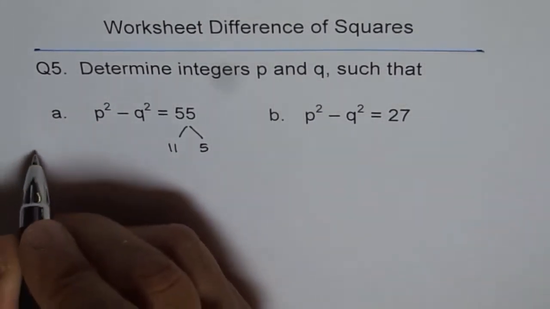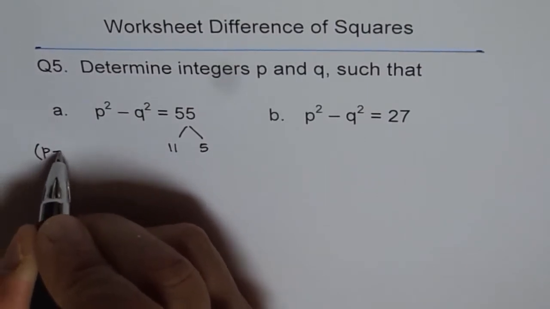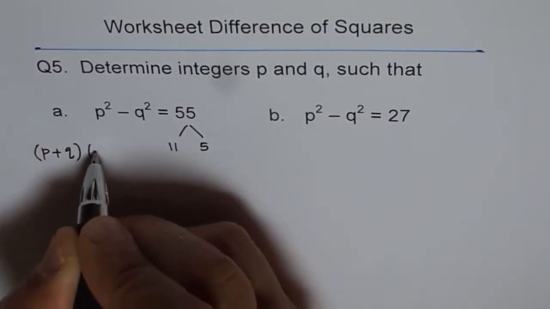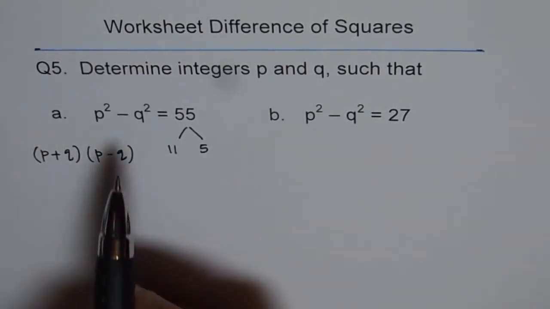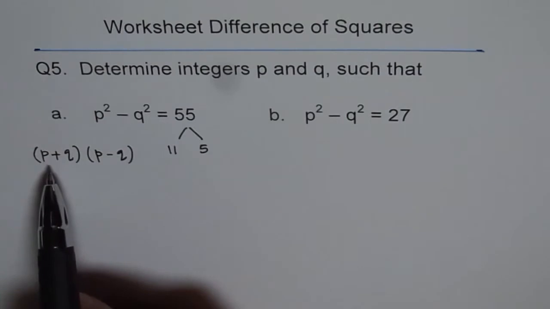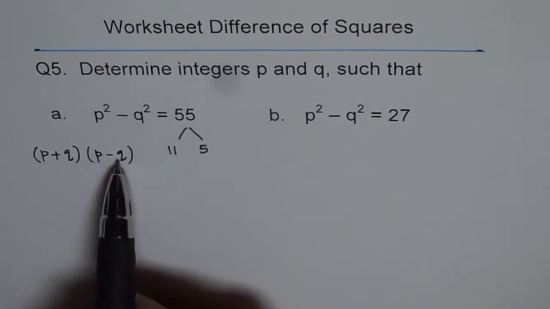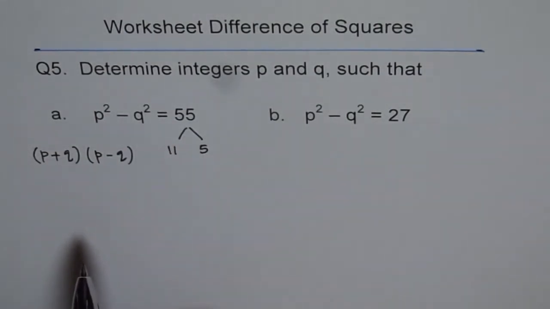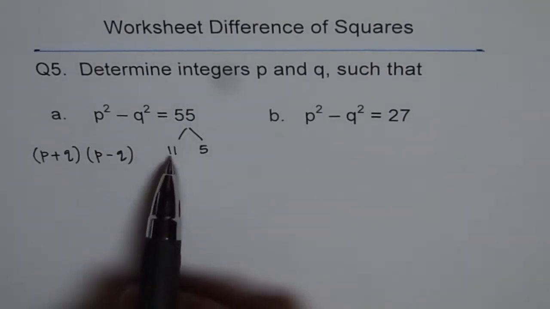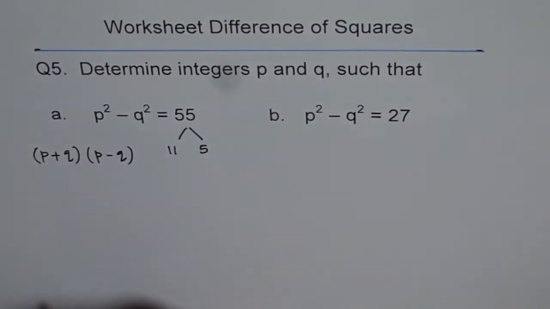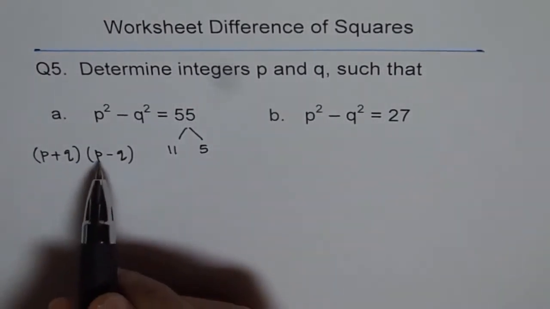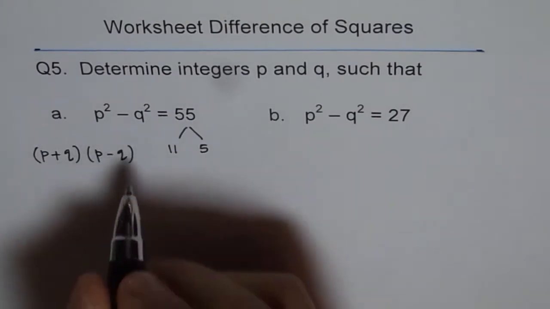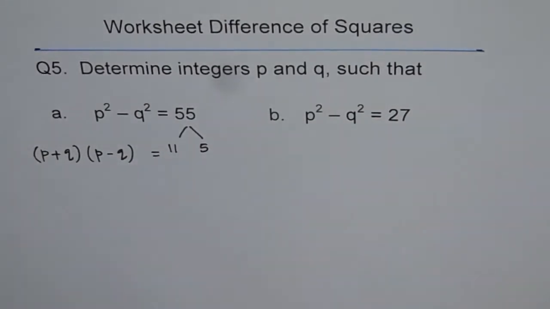So what I'm trying to say is the left side can be written as the product of p plus q and p minus q, and the right side can be written as a product of 11 and 5. Now if I say let p plus q be 11 and p minus q be 5, then both will be equal, right? I think so. So that should give us the value of p and q.